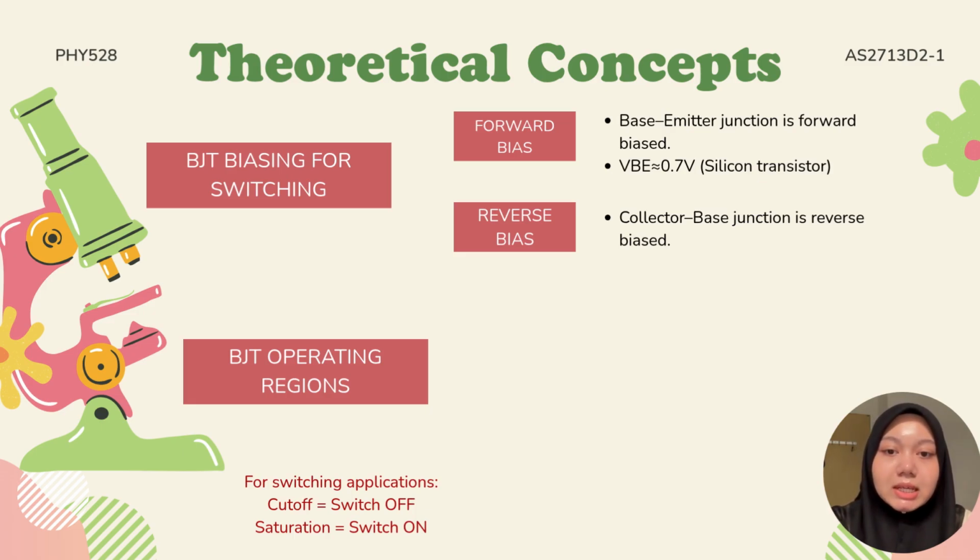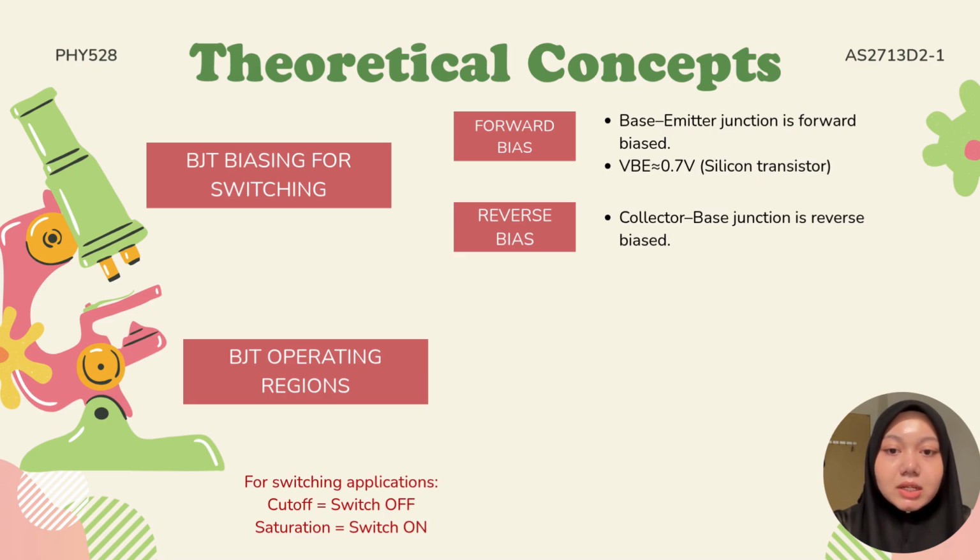When a BJT is used as a switch, it operates in two main regions. The first region is the cut-off region, where both junctions are reverse biased. In this condition, there is no collector current, so the transistor is off, just like an open switch. The second region is the saturation region, where both junctions are forward biased.